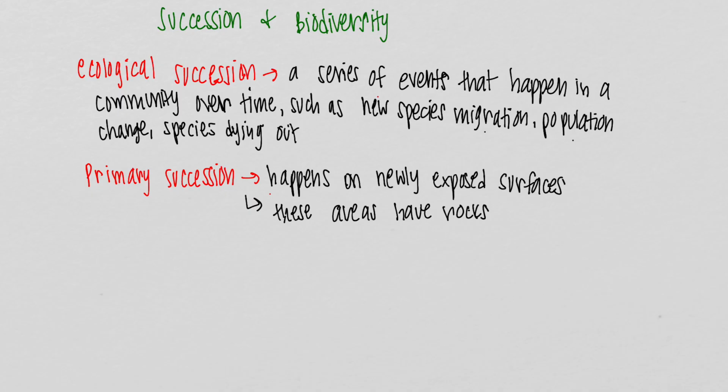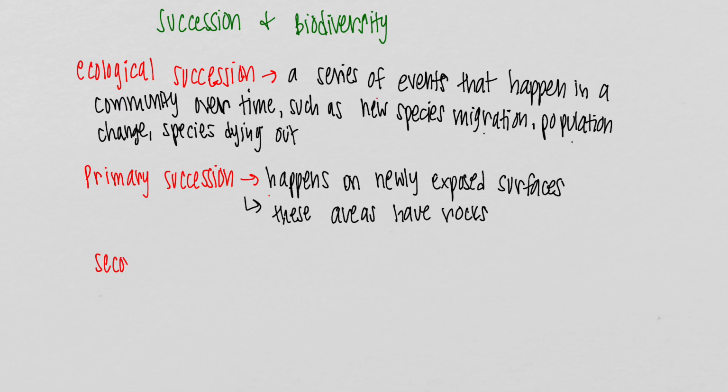Now we have a secondary succession. It's happening in disturbed areas where we have remains of previous ecosystems.